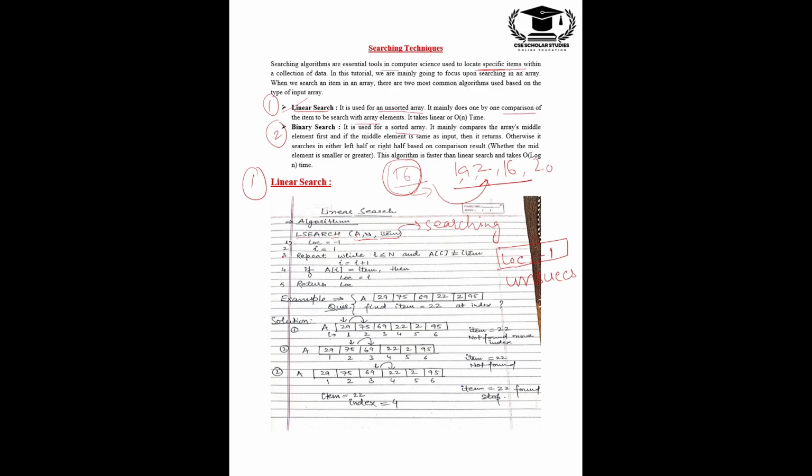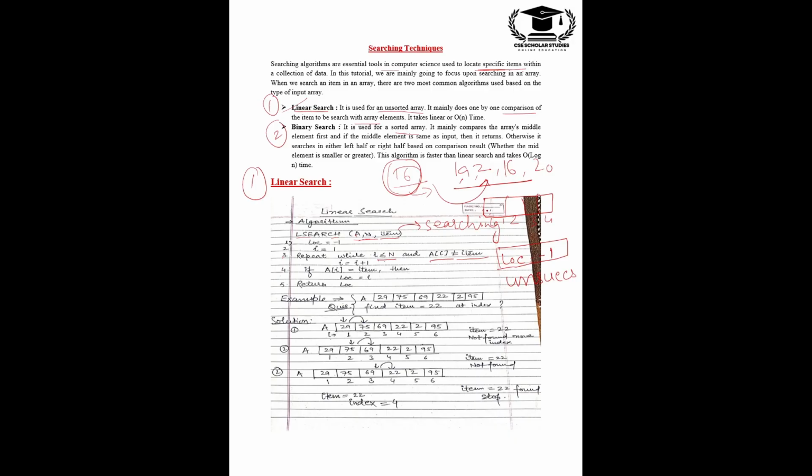The third step is repeat while I is less than or equal to n and A[I] is not equal to item. This loop is executed when both conditions are true. Suppose there is an array and the indices are 1, 2, 3, 4.